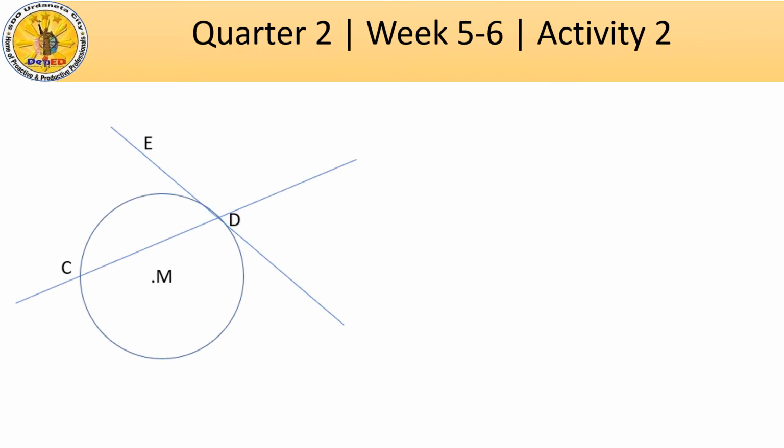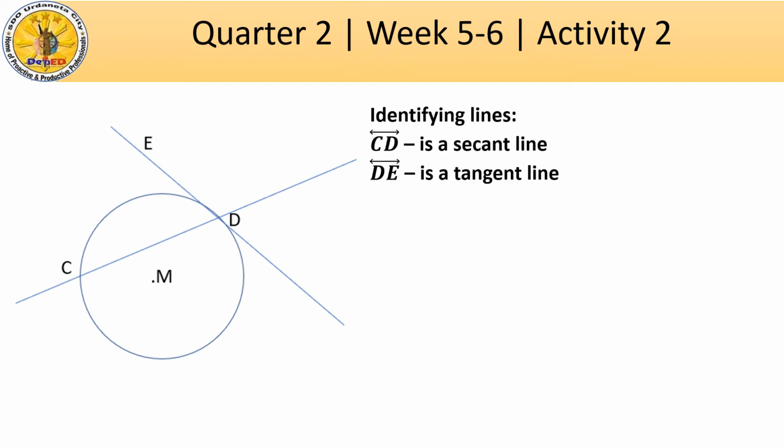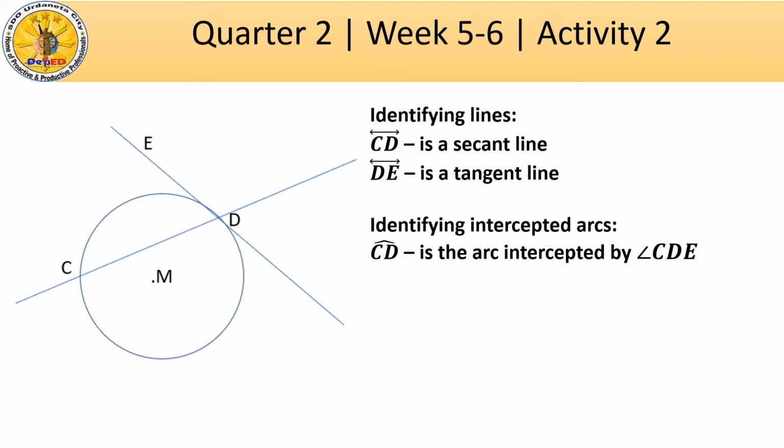Okay, next, circle M, where a secant and a tangent intersect at the point of tangency C. So CD is a secant line, and DE is also a tangent line. So the arc CD is the arc intercepted by angle CDE.